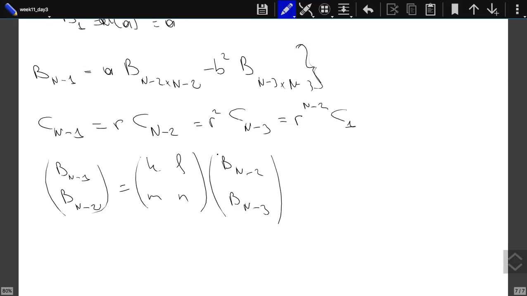So what should this KLMN be? Well, the trivial one: A, minus B squared, 1, 0. The first line is nothing but our equation over there. And the second line just gives B_{n-2} equal to B_{n-2}, which is trivially true. What are the eigenvalues of this matrix?